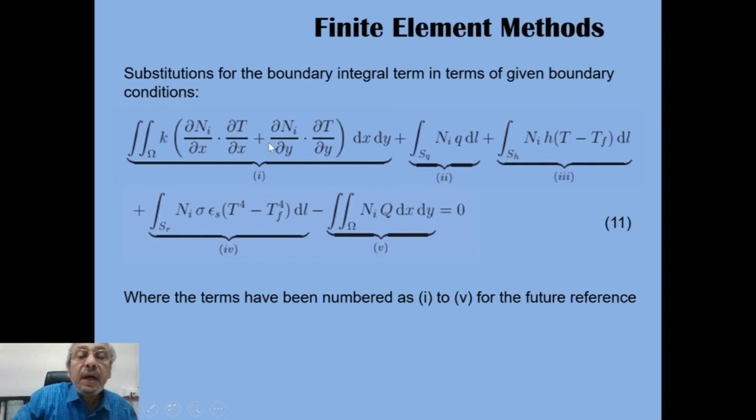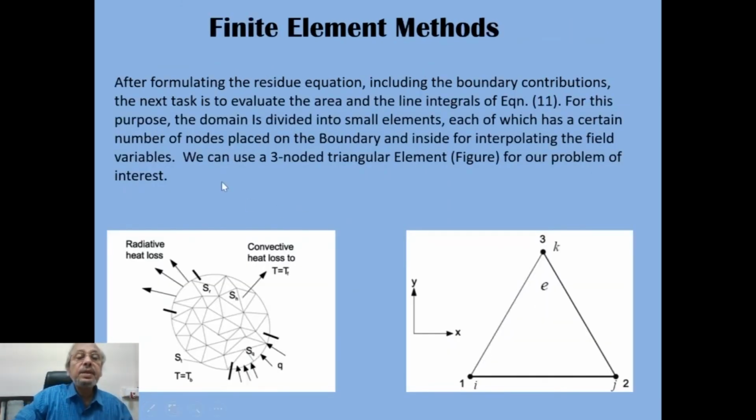And we have identified each term by Roman 1, 2, 3, 4, 5. So the terms have been numbered as Roman 1 to 5 for our future reference. Now, as we said, we have defined these boundary conditions, and this is the domain of interest.